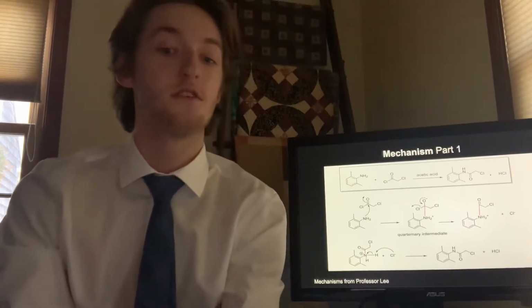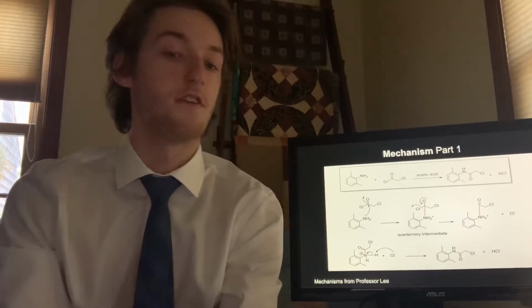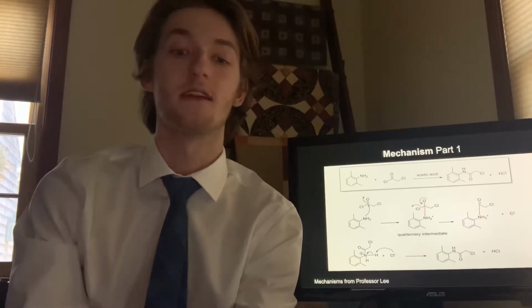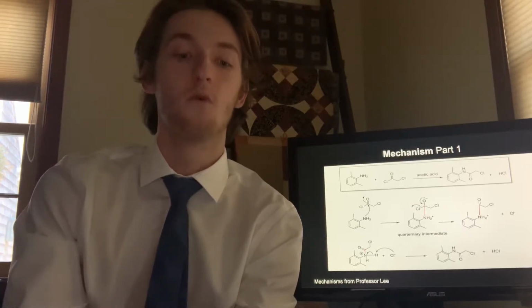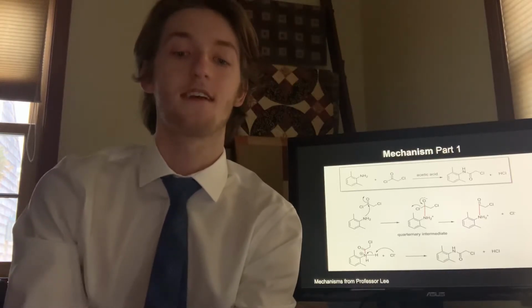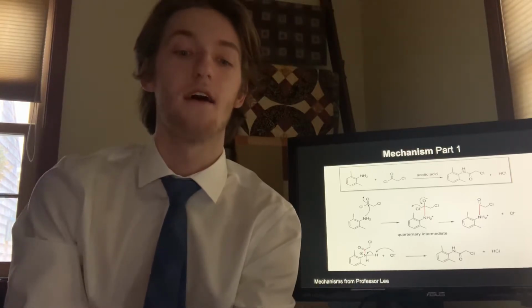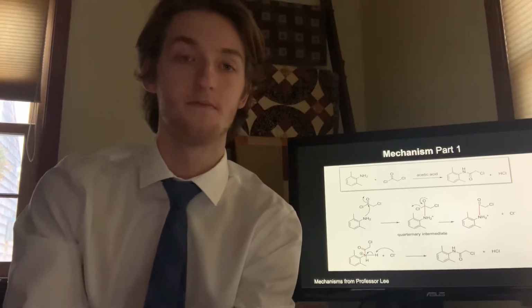Next, the elimination of chloride through the satisfaction of the carbon-oxygen bond gives a protonated secondary amide intermediate along with the chloride ion, which goes back and deprotonates the secondary amide, leaving us with the product in week 1, which is the chloroacetamide.